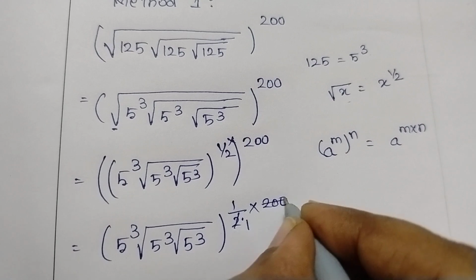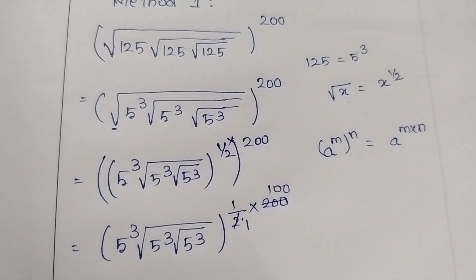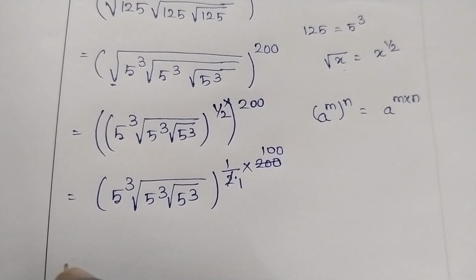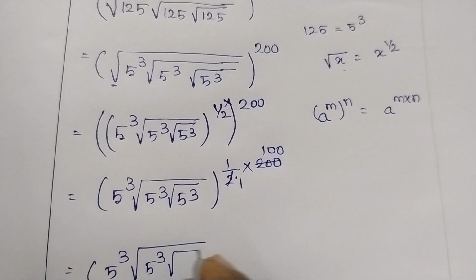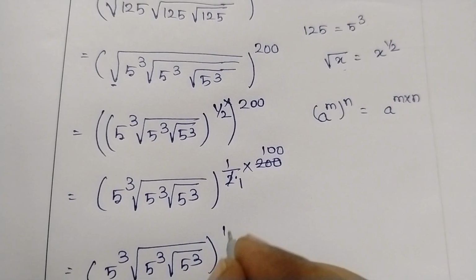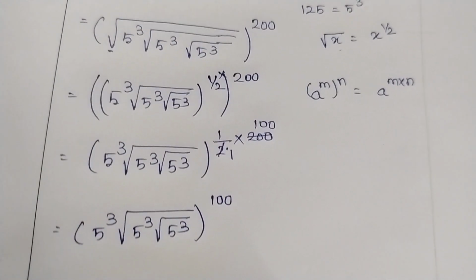So 1 by 2 into 200 is 100. Now what we have here is 5 cube, root 5 cube, root 5 cube, the whole power 100. So we simplify it like this.